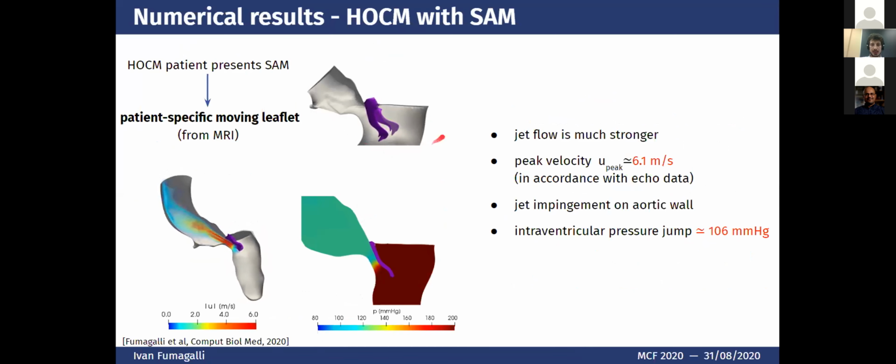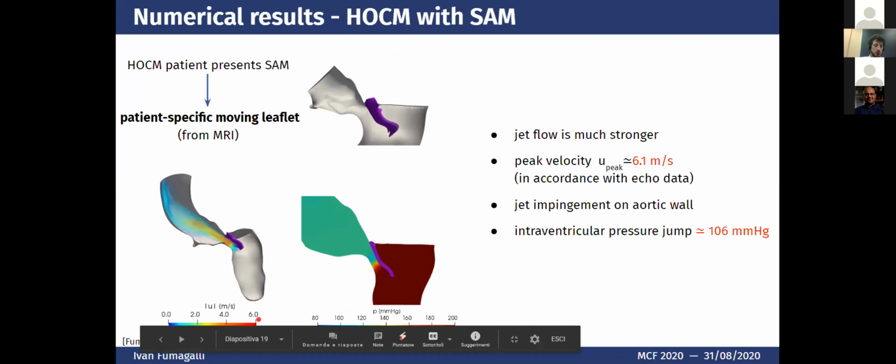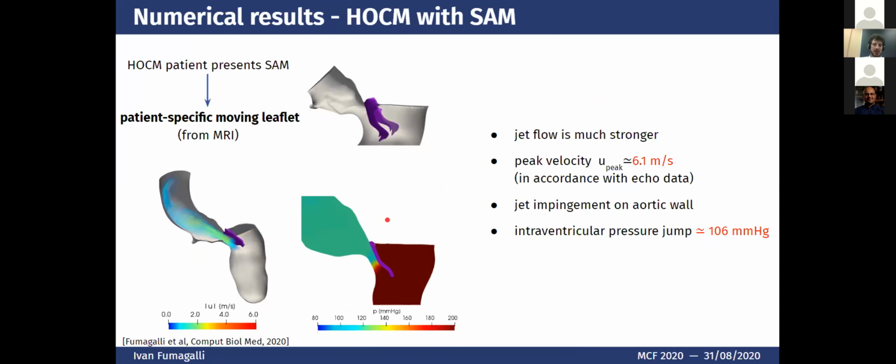So, as I said in the reconstruction part, we reconstructed also the motion of the mitral valve in accordance with MRI. And we noticed how the effect of SAM increases even more the peak velocity that we have in the aortic valve. And this reaches up to 6 meters per second. And this is, of course, associated with a high pressure gradient.